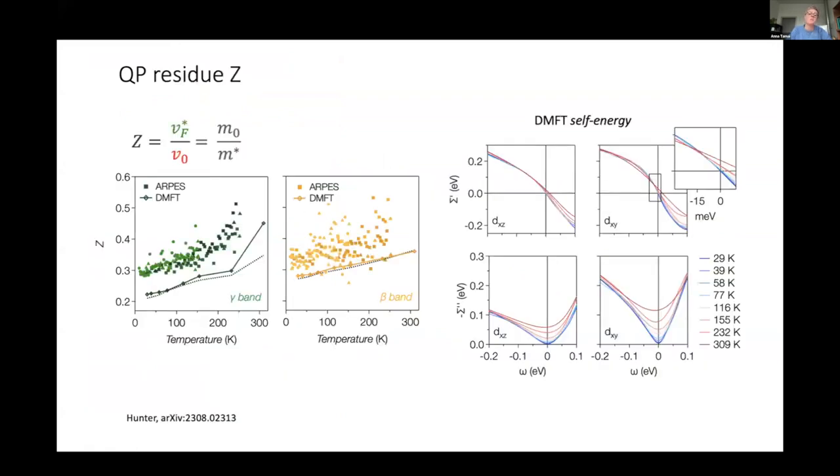I would say that we see the same trend. I mean, this is maybe illustrated here. I don't think we see the same temperature evolution. Whether the agreement gets better at high temperature, I can't say. I don't know.